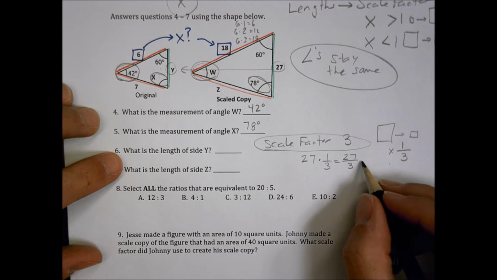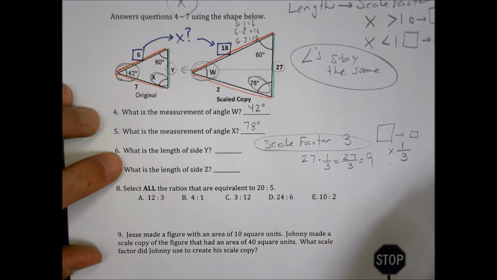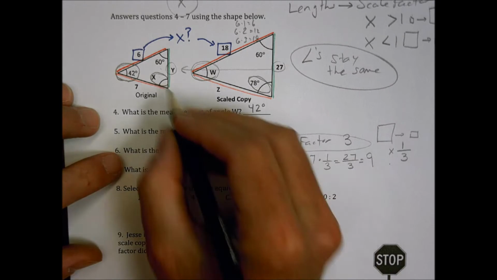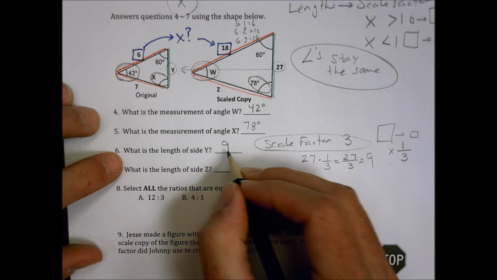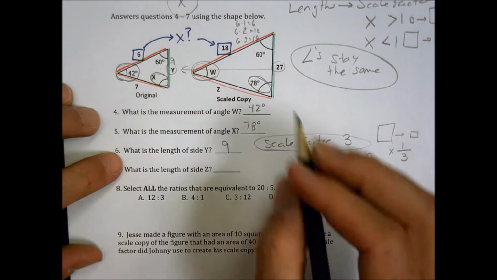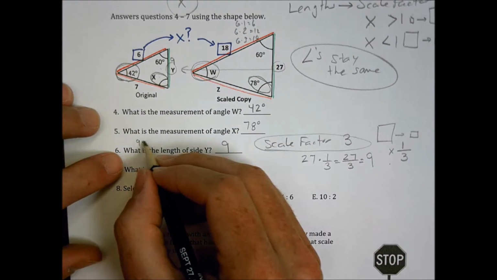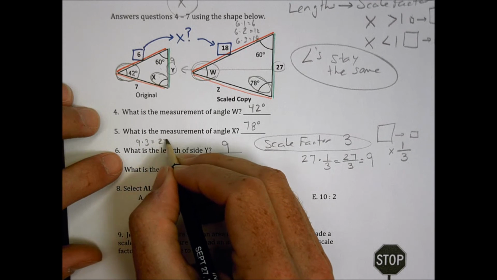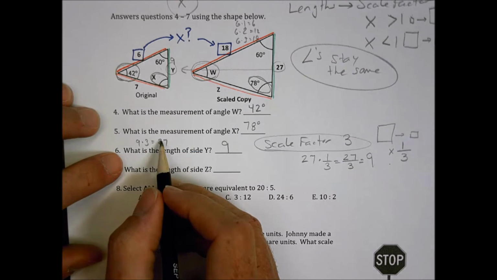And again, back to your math facts, 3 times 9 does equal 27. So the length of Y would be 9. And again, that's my check: 9 times 3 equals 27, and I just go back the other way, 27 divided by 3.